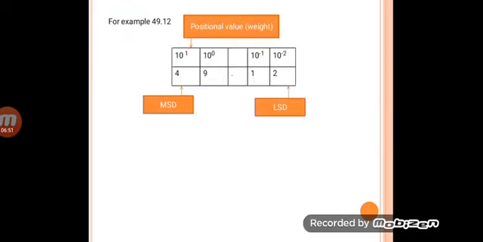Now let us consider the decimal number 49.12. The decimal point separates the whole number on the left from the decimal digits on the right. See the table. The positions to the right of the decimal point are called the decimal places. The digit at the first decimal place shows the number of tenths.